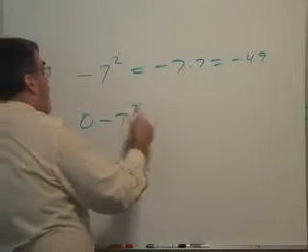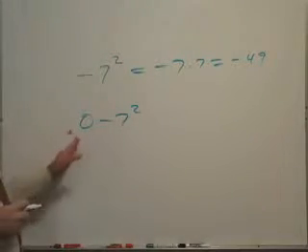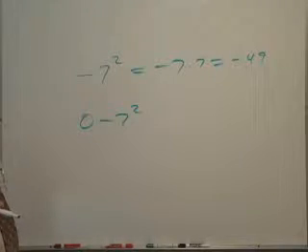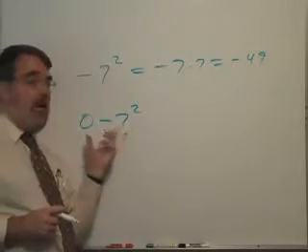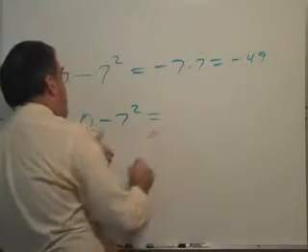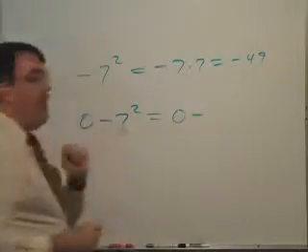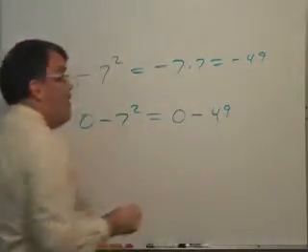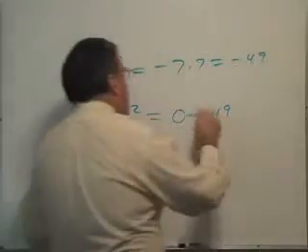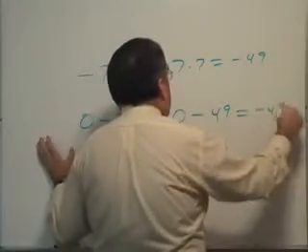How would you handle this problem? 0 minus 7 squared. All right, well, the order of operations say that we're supposed to do the exponents before we subtract. So we're supposed to work the exponent. 7 squared is 49. And then we subtract from 0. 0 minus 49 is negative 49.